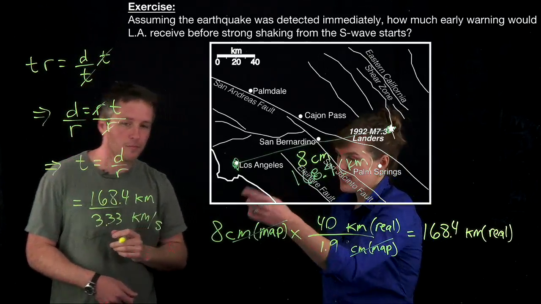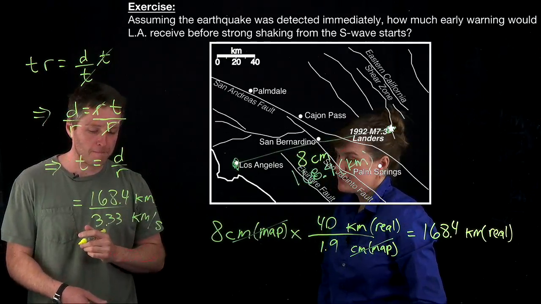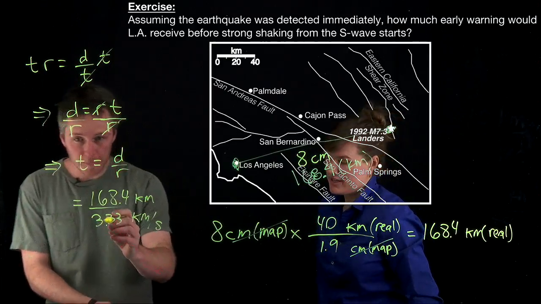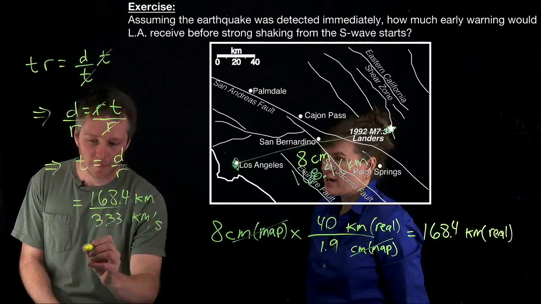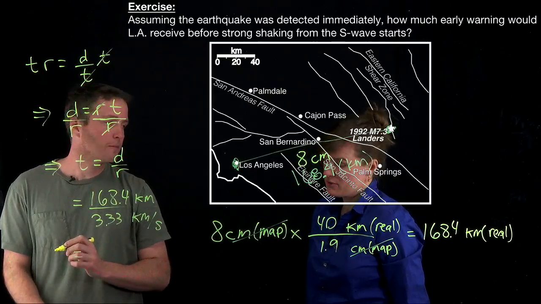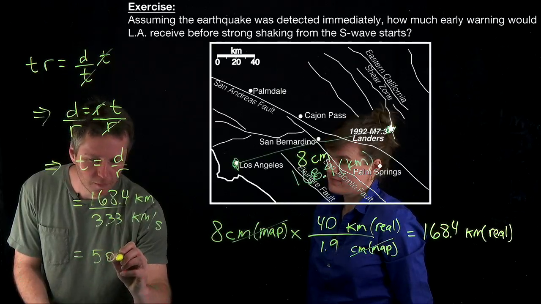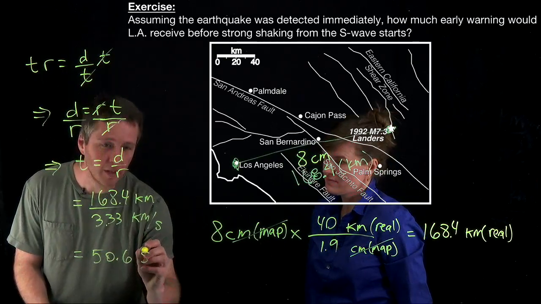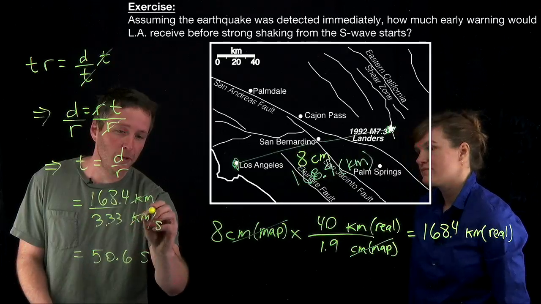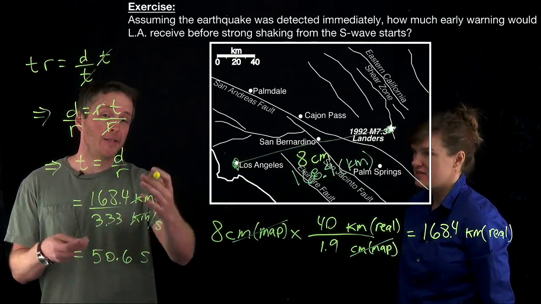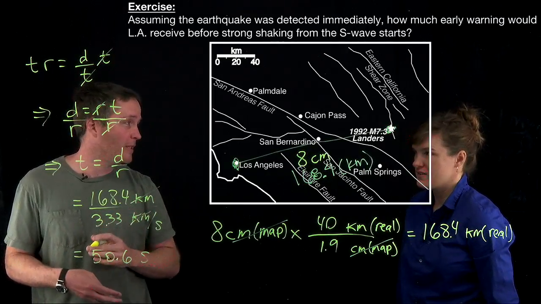Okay, so dividing these through, we find that the time that LA would have to drop, cover, and hold on would be 50.6 seconds. Okay, and we'll notice that the kilometer units canceled out and the seconds come up to the top, so we have 50.6 seconds.